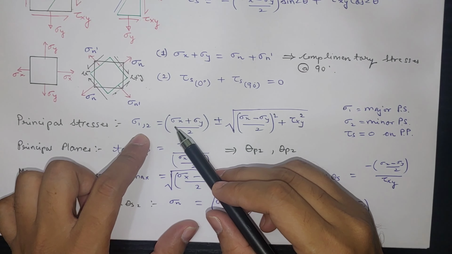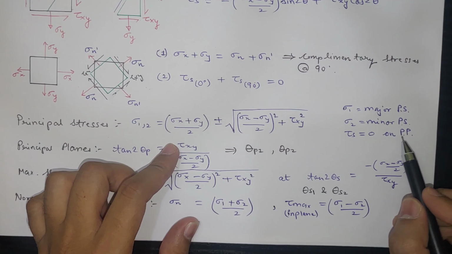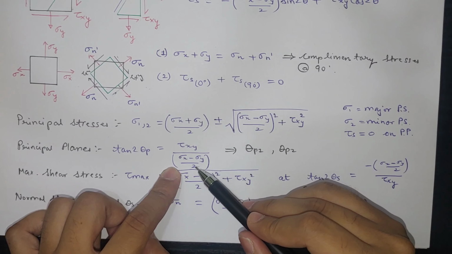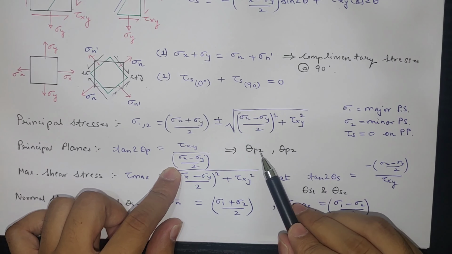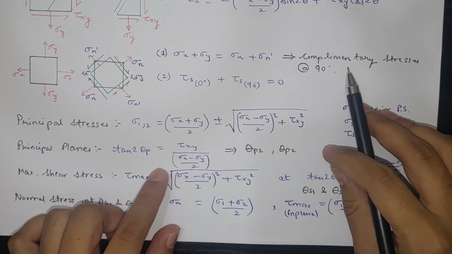These two planes are called principal planes, and the shear stress on principal planes is 0. To find principal planes, we use the equation tan 2 theta p equals tau xy divided by (sigma x minus sigma y) divided by 2. We call them theta p1, principal plane 1, and principal plane 2. Sigma 1 acts on principal plane 1, and sigma 2 acts on principal plane 2.